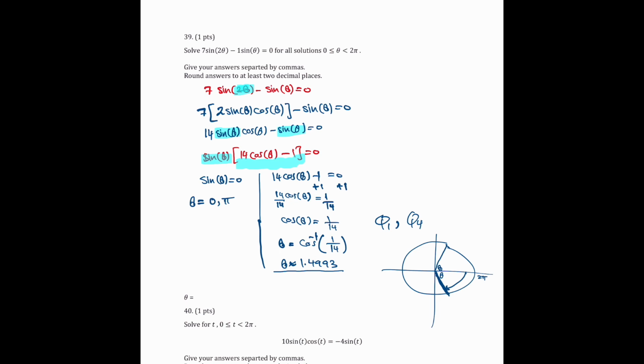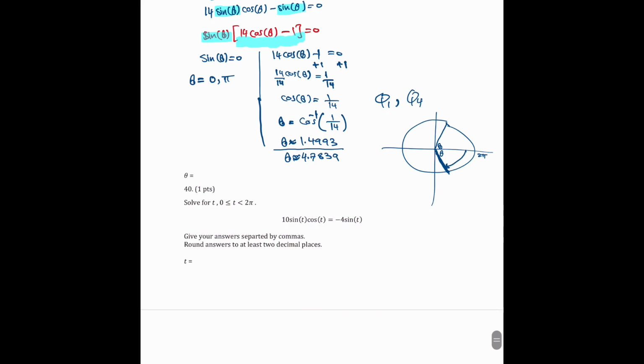So I'm going to take 2 pi minus the answer, and that is going to give me 4.7839, so the other theta is 4.7839. Of course, I rounded that as well. So that is the answer for this question.